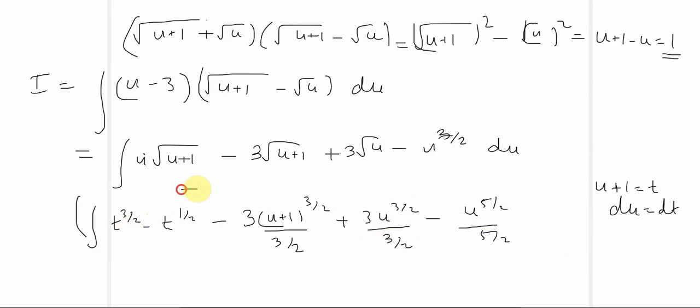So this term we still have to integrate. What this is, is t power 5 by 2 by 5 by 2 minus t power 3 by 2 by 3 by 2, minus... we have 3 cancel over here, we get 2.